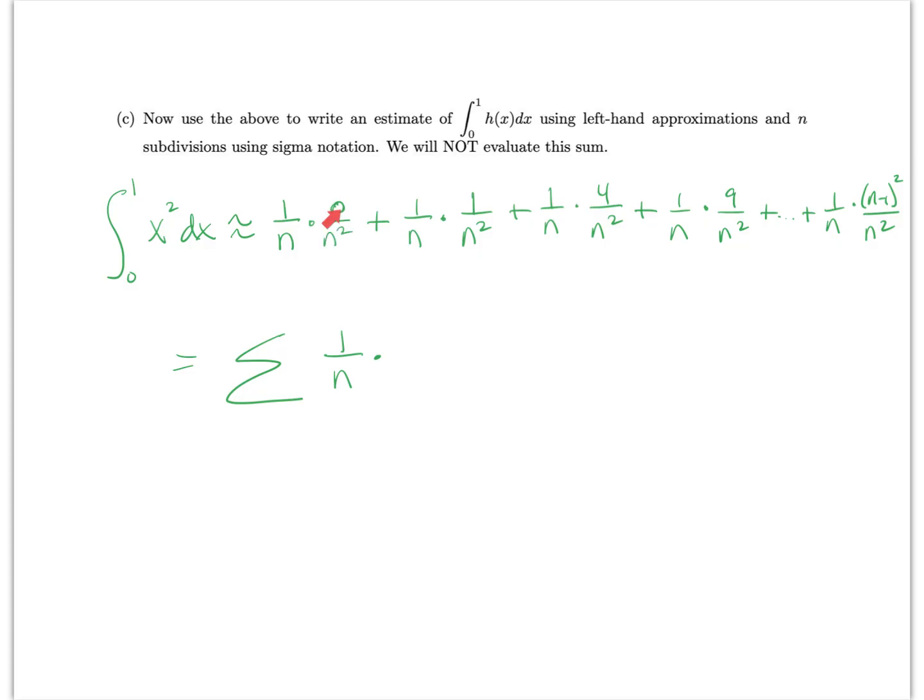So this is 0 over n squared, 1 over n squared, 4 over n squared, 9 over n squared. These are the perfect square numbers, 0, 1, 4, 9, up to n minus 1 squared. So they are perfect square numbers. We'll call them i minus 1 squared over n squared, and i is starting at 1 and going to n.